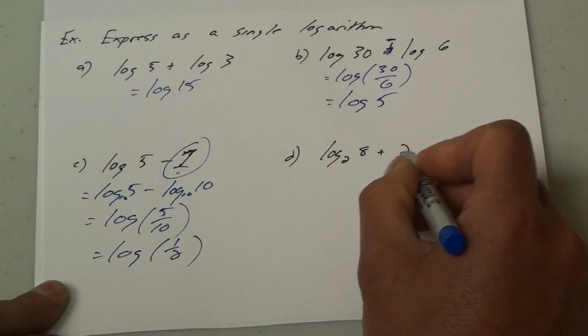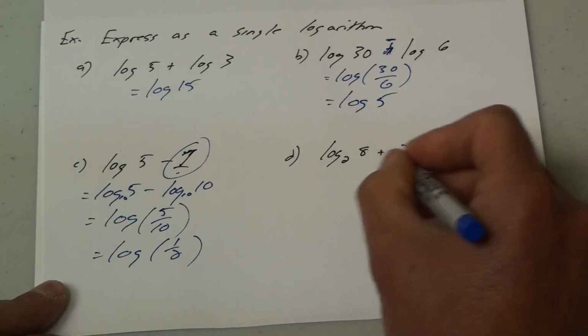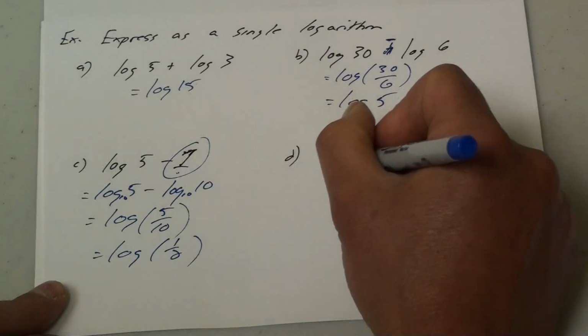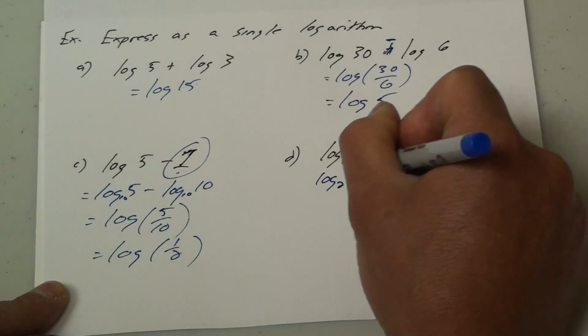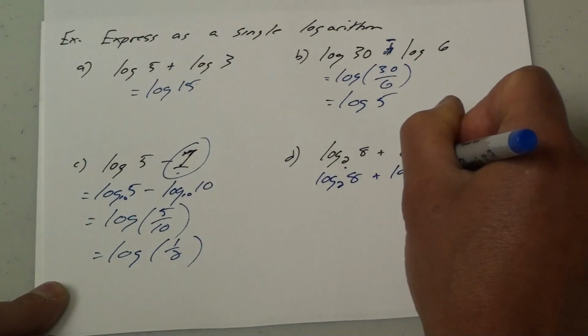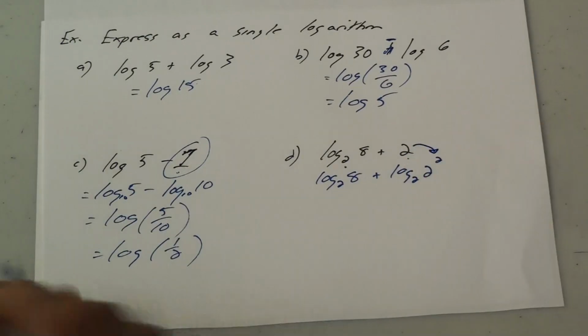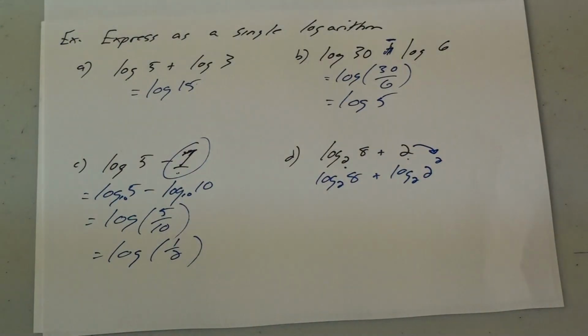Same again, I have a whole number, but I'm in a logarithmic equation. I want to turn that into a logarithm. Now this is base 2, so I have log base 2 of 8 plus log base 2 of 2 to the exponent of 2. This is the exponent that would have happened on your 2.